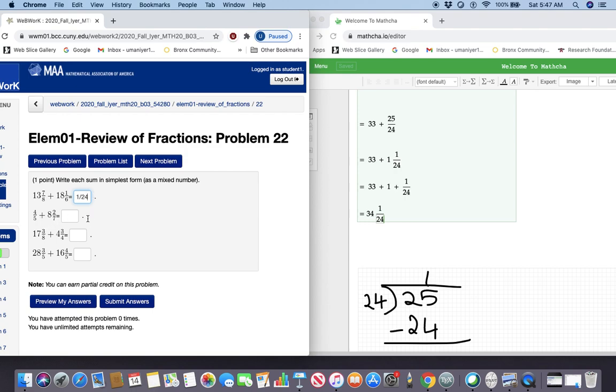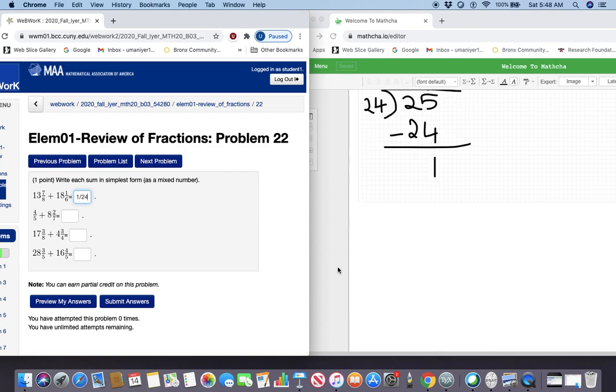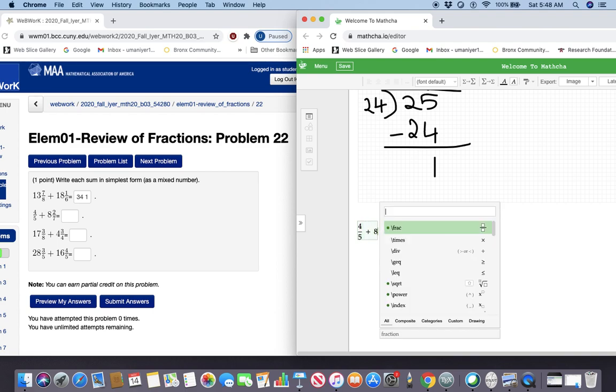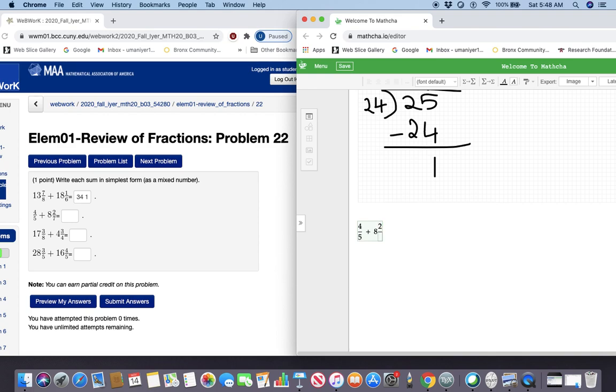Likewise, similar question. Fraction 4 over 5 plus 8 and 2 over 7. When I see a mixed number and a fraction, either you can make it into an improper fraction and then proceed, or keep the whole part separate.